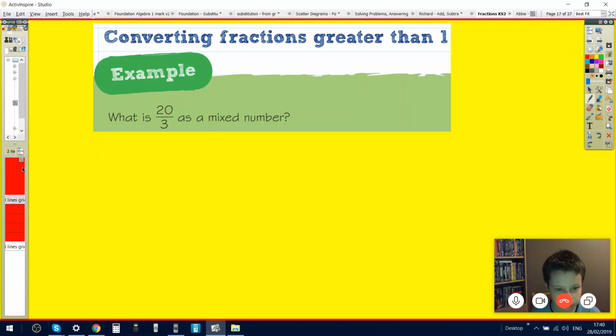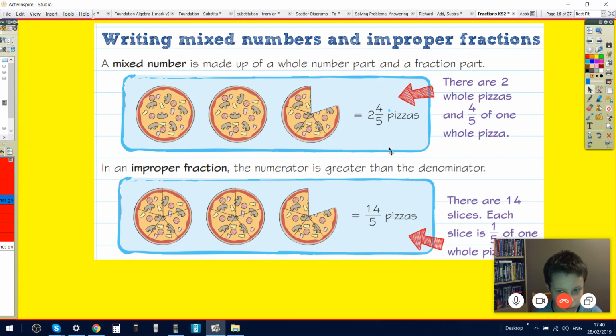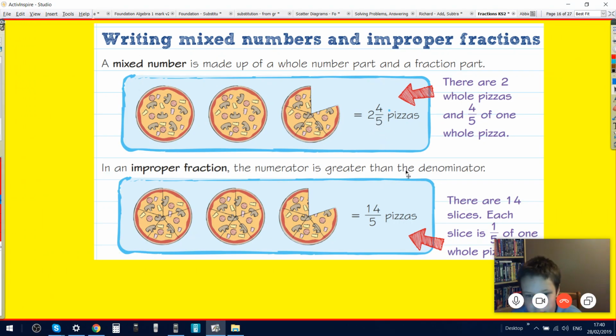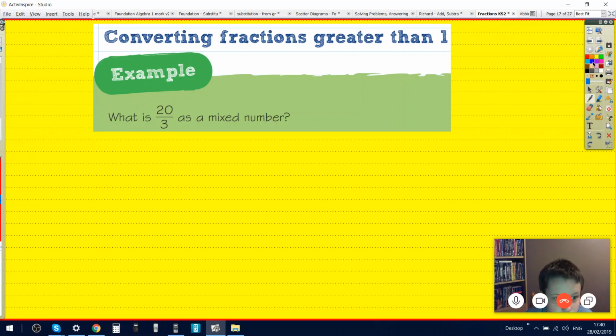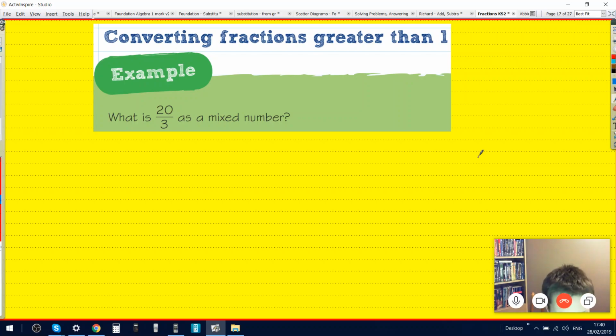Okay, so how would you write this as a mixed number? So the one on top is a mixed number because it's a whole number and a fraction, and this is an improper fraction. I think you would work out how many times 3 goes into 20. So 3 goes into 20 6 times, leave 2 left over.